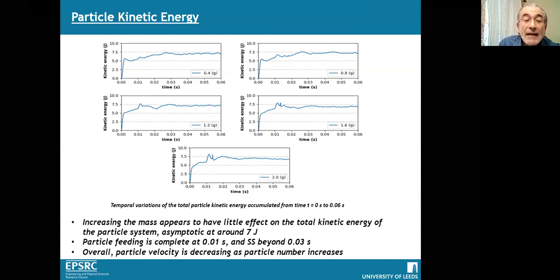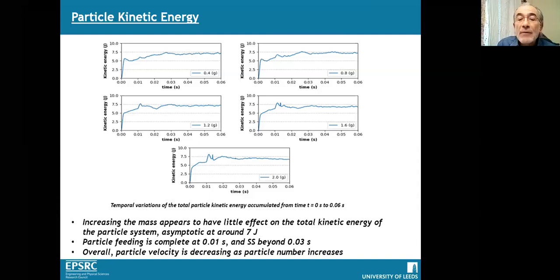Feeding is complete at about 0.1 seconds. So this profile from here to here is non-steady state behavior because of feeding, but from there on the system comes to a steady state, and you see that all of them approach about 7 joules. So overall, what we are reporting is that the total energy of the system is constant, irrespective of the holdup.